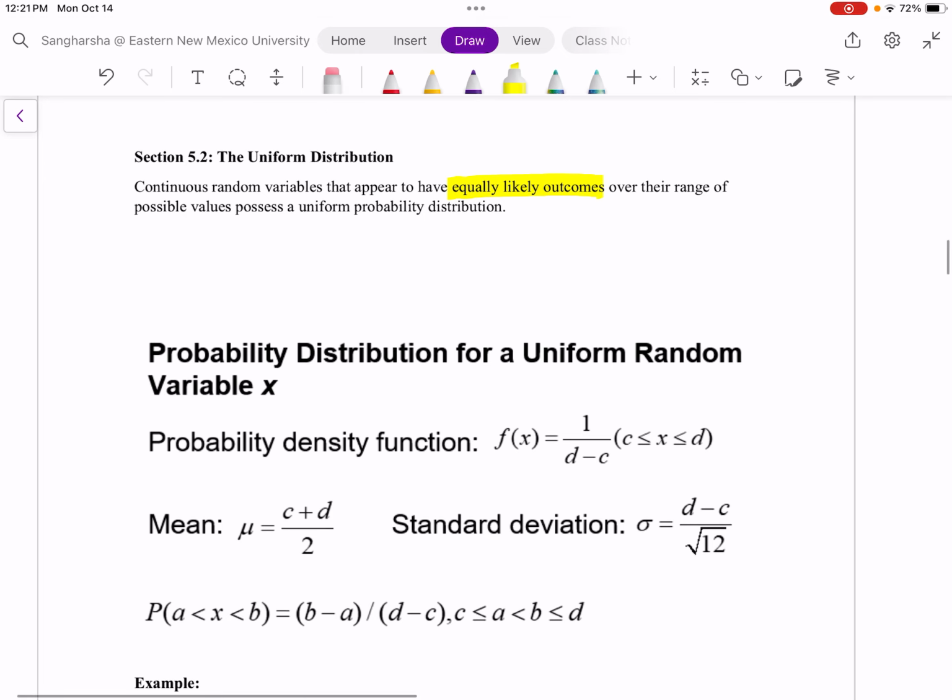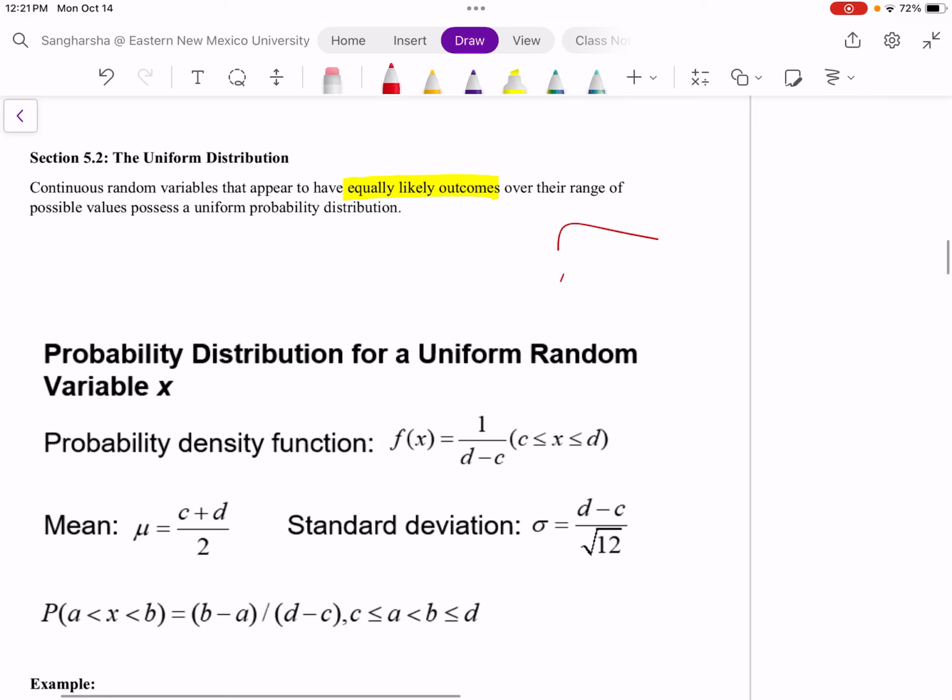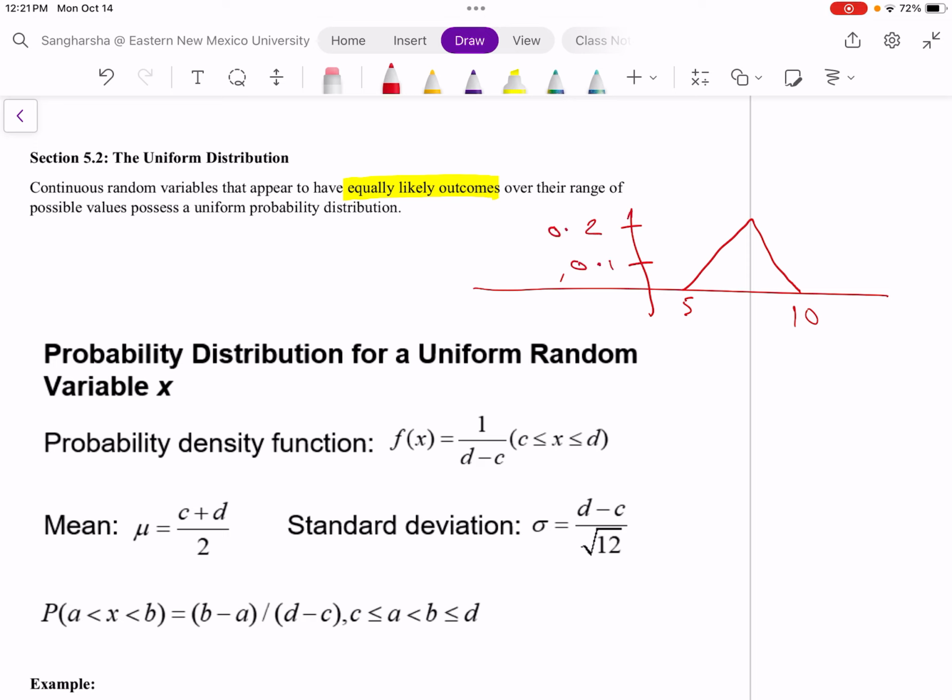If we use the same function, like we had our triangular density function, let me draw that. So this was the function. We had 5, we had 10. This was 0.2, 0.1. So this is f of x.